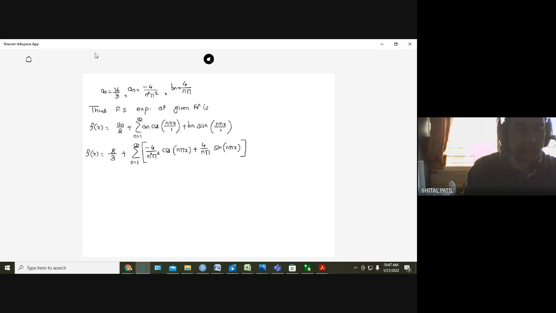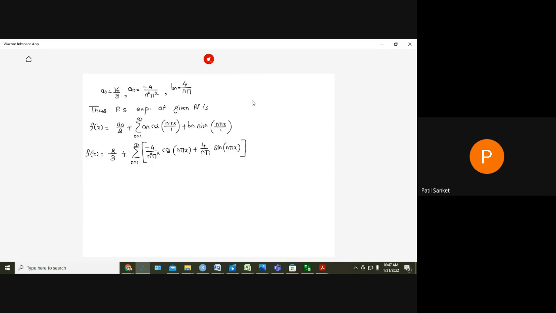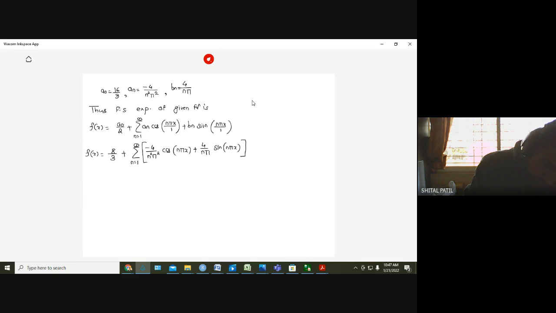Now say this is the Fourier series expansion. Now we can expand it in this way: 8 by 3 plus, when n equals 1, we have minus 4 divided by pi square cos of pi x plus 4 by pi sine of pi x.